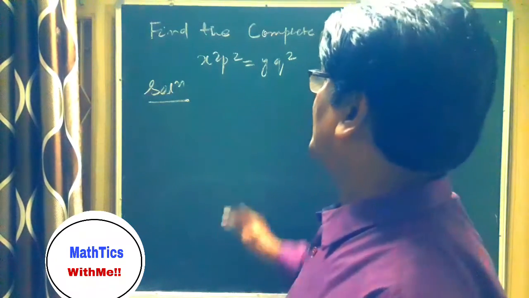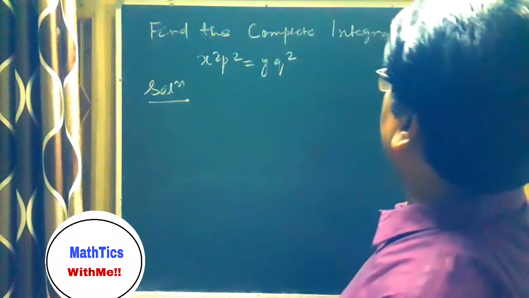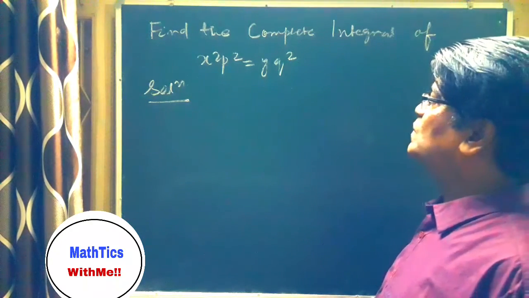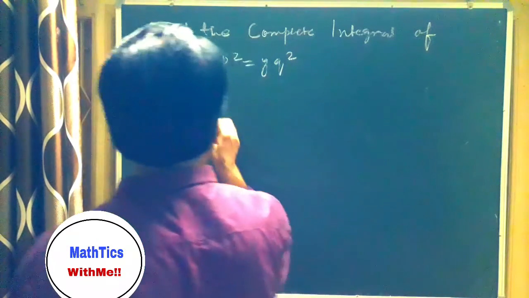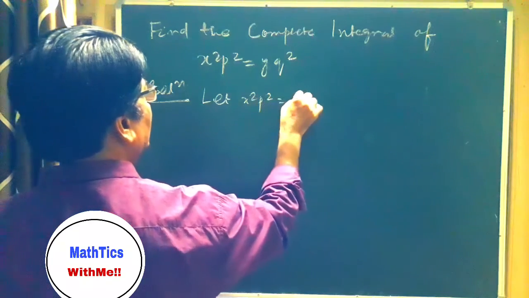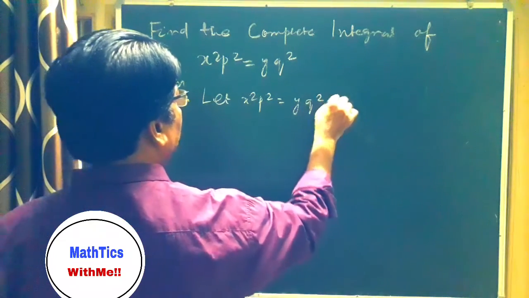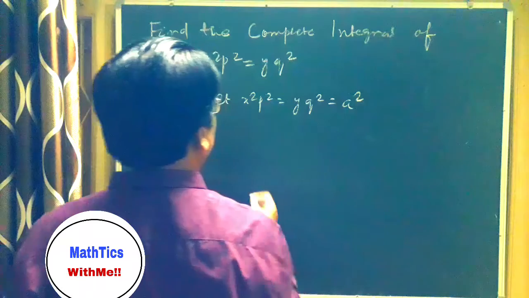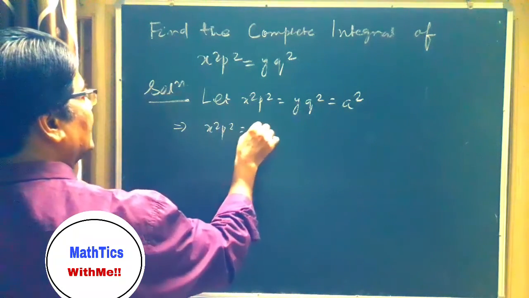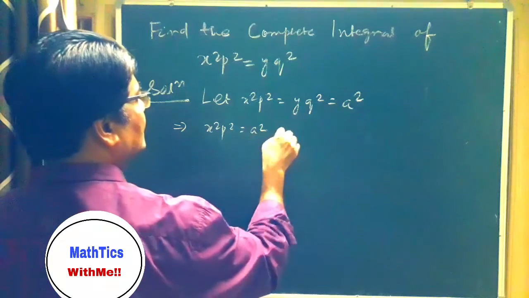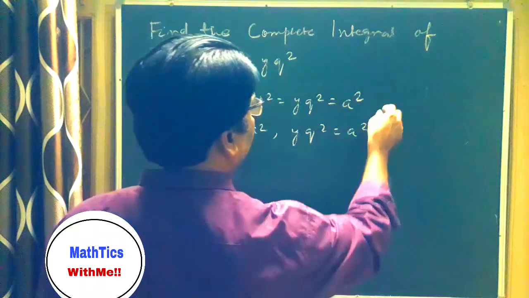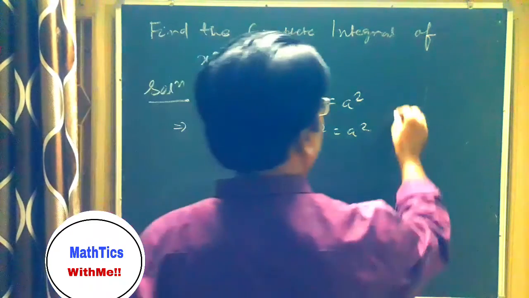So we have to solve this problem. Find the complete integral of x square p square is equal to y q square. Let x square p square is equal to y q square is equal to a square, where a square is a constant.